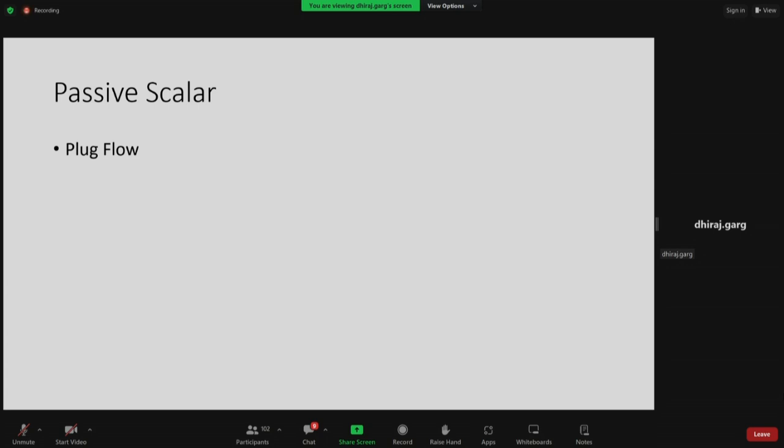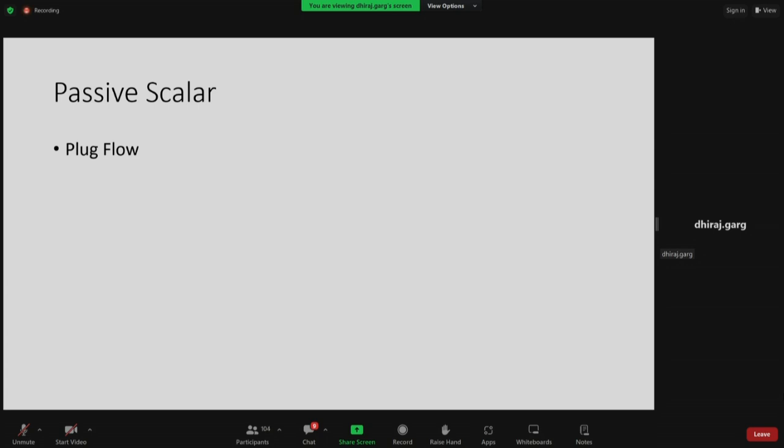If there is a cylindrical flow from left to right with a flat inlet velocity, and the length is, let's say, 1 meter and the flat velocity is 1 meter per second, every particle entering at the left will exit at the right after exactly 1 second. So the residence time in the system will be absolutely 1 second for each particle.